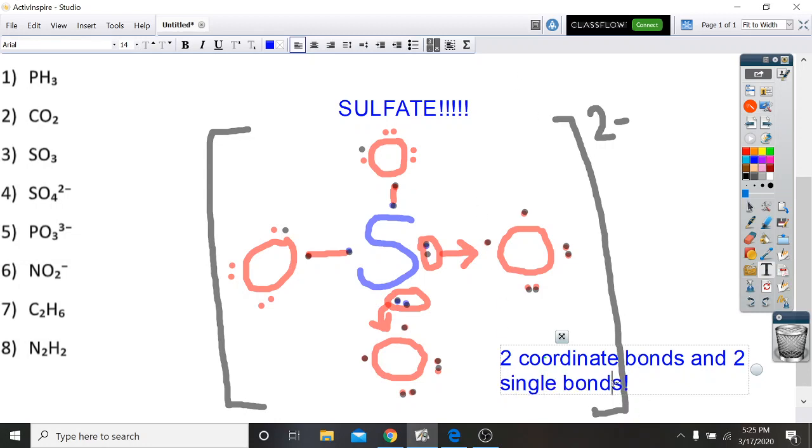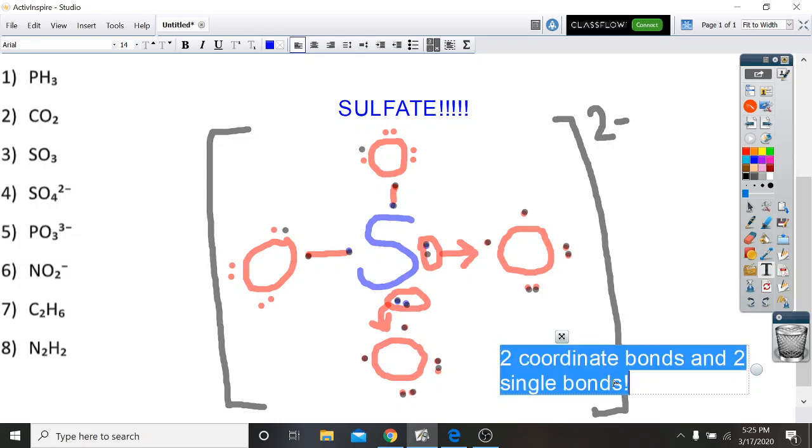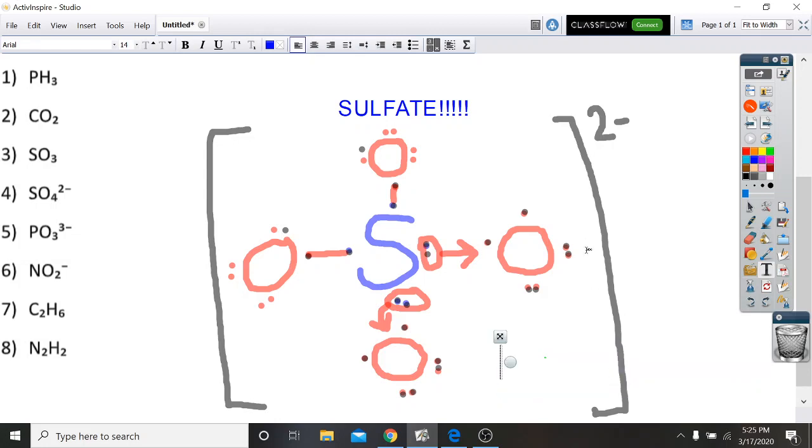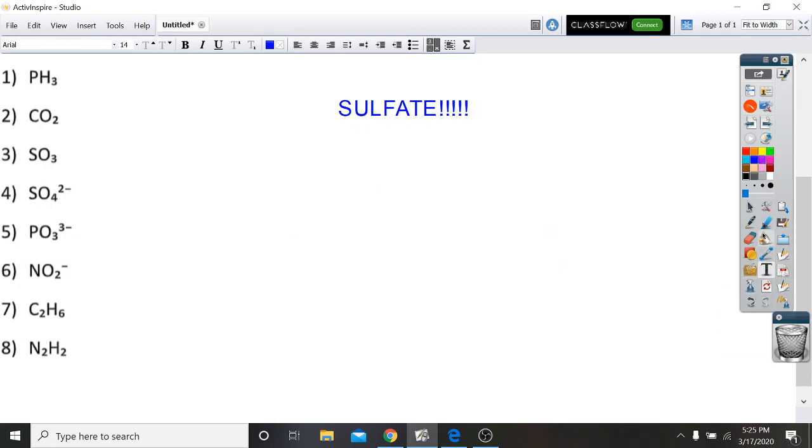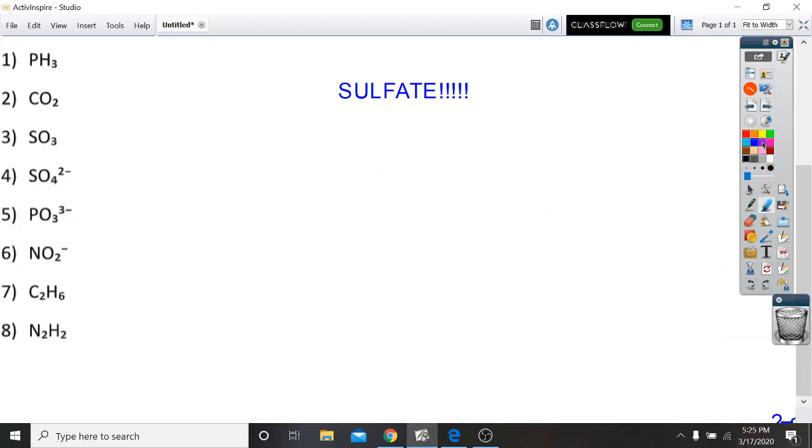There is another way, though, of building this molecule. So if you did it this way, you did it correctly, and maybe you did it a different way and you still got it correct. So I'm going to show you the opposite way. The opposite way would be to put the 2 electrons in the sulfur. So here's sulfur normally with 6 electrons, and now I'm already going to add those 2 in.